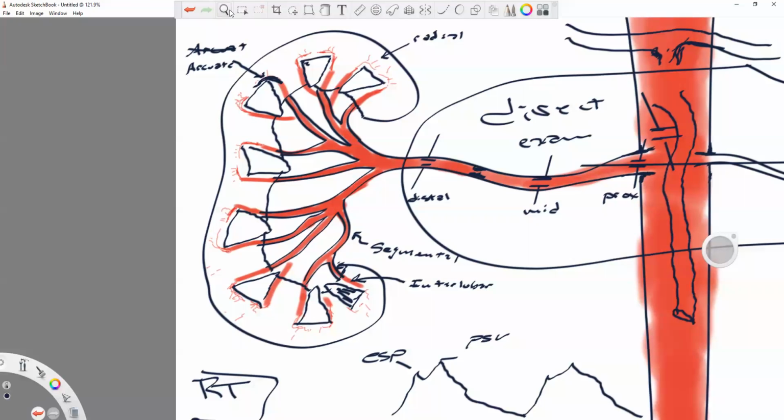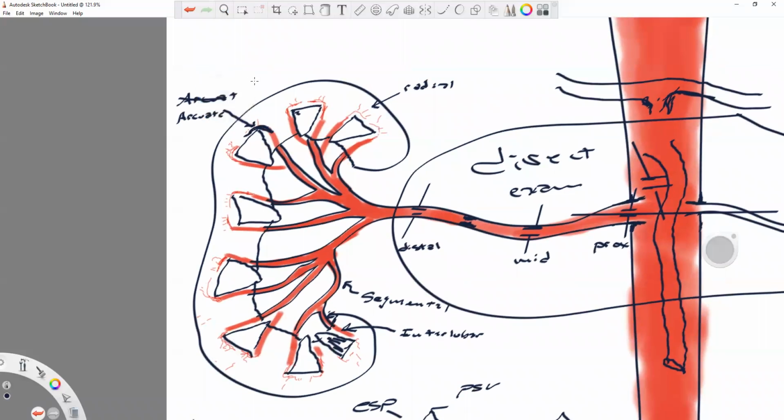Just ask Siri. Not radial, cortical radiate. Cortical radiate arteries is a better term for these arteries because they are in the cortex and they radiate out. I mean, how do you not remember that, Kurt?